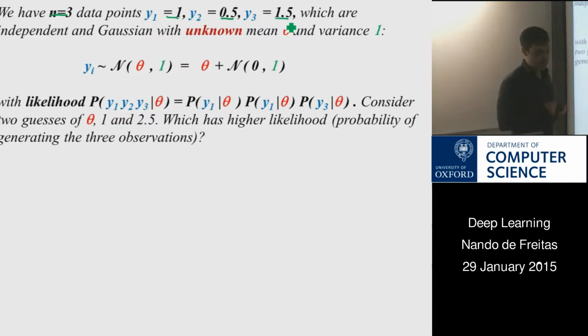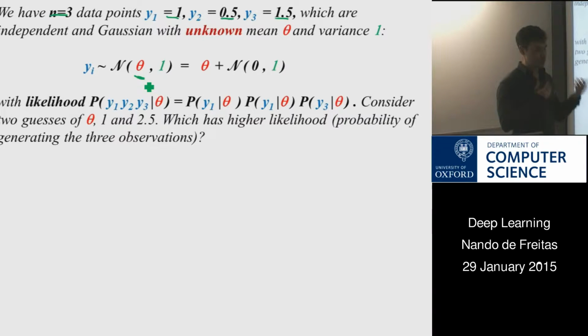And you know that the variance is 1. You have strong reason to believe that the variance is 1. So your question is, what is the mean of those variables? So what is the theta? And we know how you would compute it. You would just average them, right? The sample average was our approximation of the expectation of the mean.